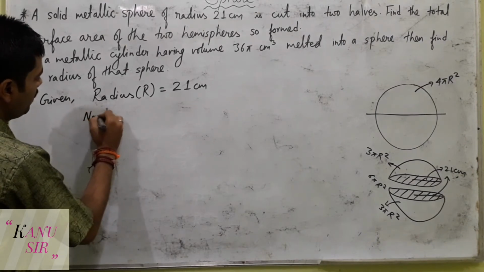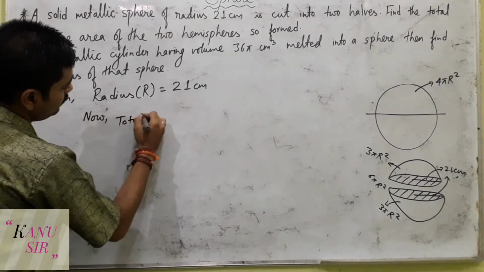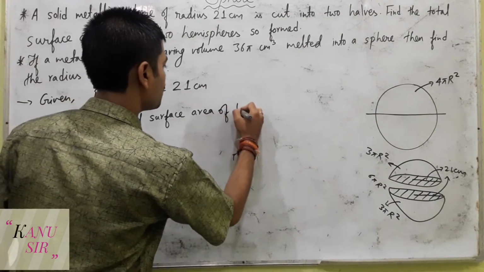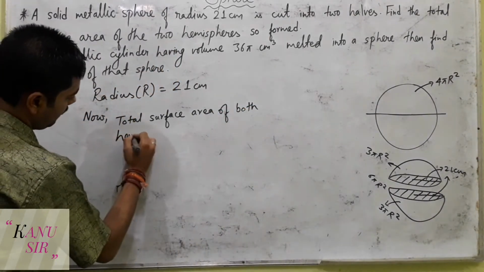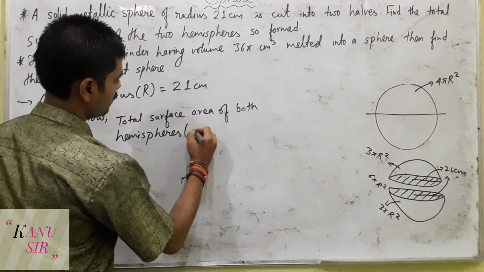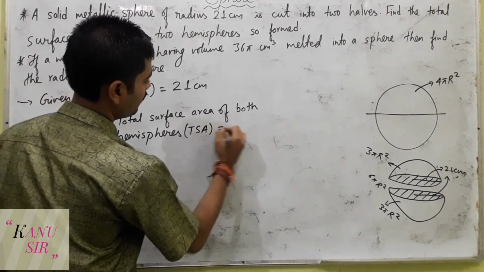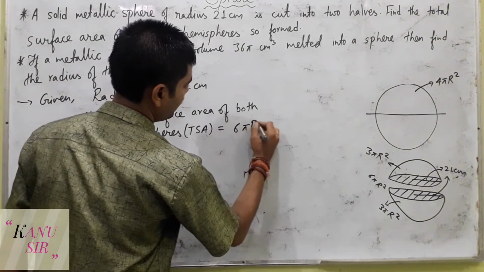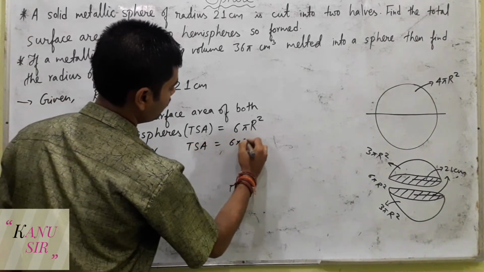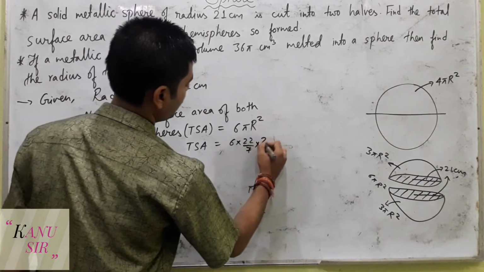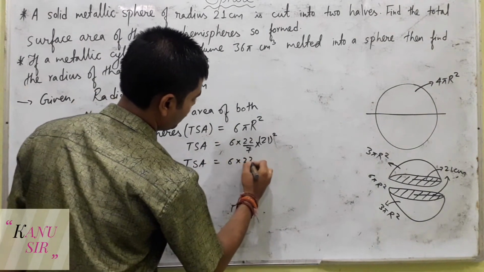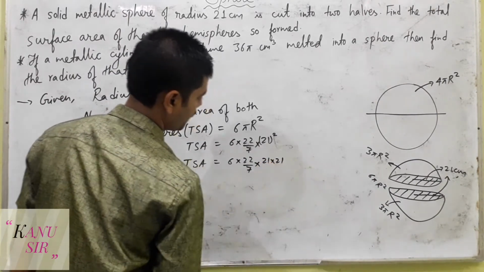Then directly you can write: total surface area of both hemispheres, TSA is equal to 6 pi r square, or TSA is equal to 6 into 22 by 7 into the radius 21 whole square, or TSA is equal to 6 into 22 by 7 into 21 into 21.